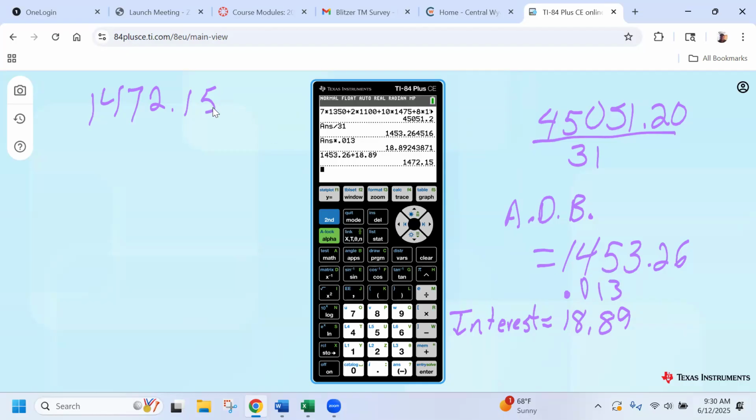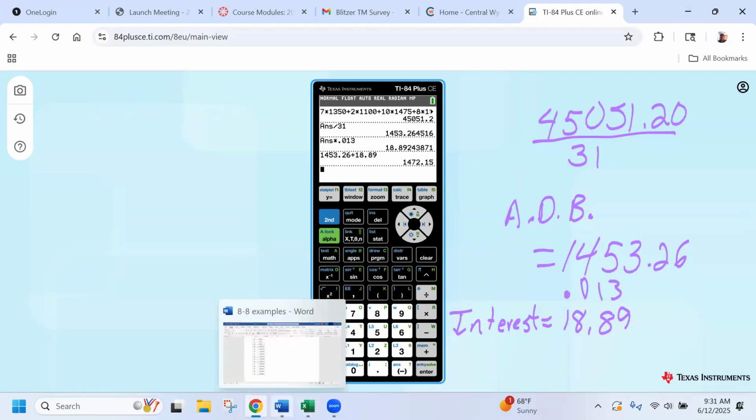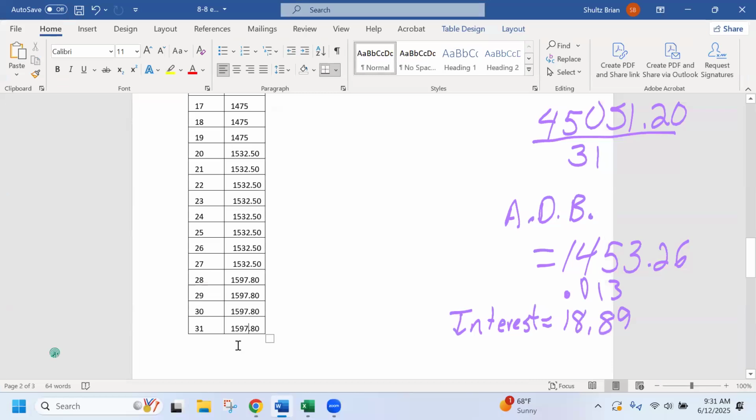So ignore that. I messed up again, so let me erase this real quick. I am going to add the 18.89, but I have to take my ending amount from my worksheet, which was 1597.80.